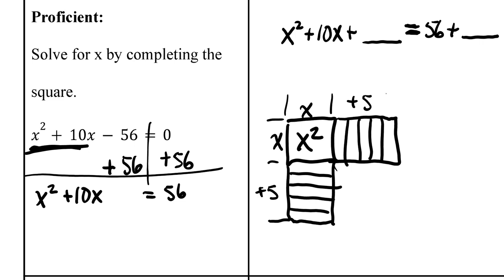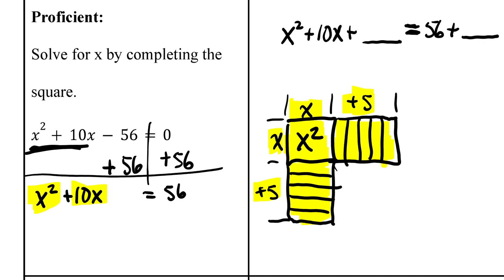And over here, this is a positive 5. Because this 5 times this x gives us these 5x, and this x times this 5 gives us these 5x, and that together is this 10x. Also, this x times x is x squared, and that's this right here.